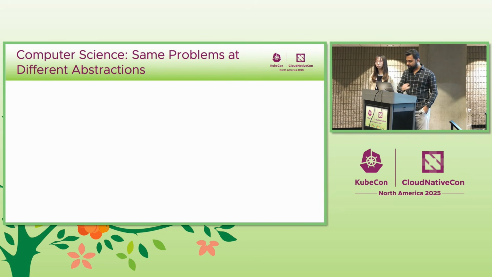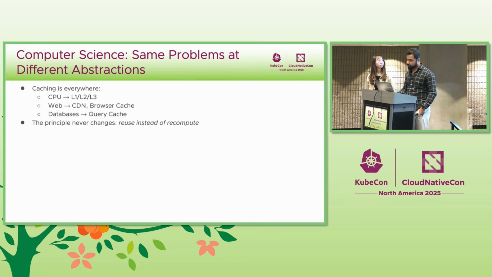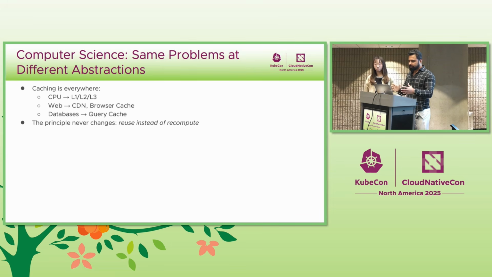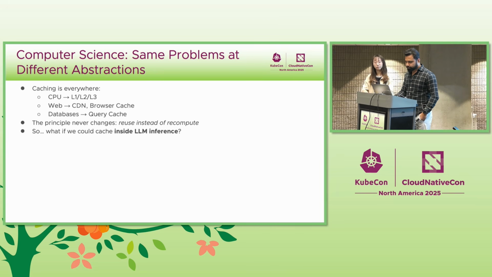The point I wanted to make is that in computer science we keep seeing these problems. Caching is nothing new. We just revisit it and resolve it at a different layer. We have been doing this for a while now. Similarly, we'll be seeing how to do KV cache offloading. The idea is that instead of recomputing, you reuse.